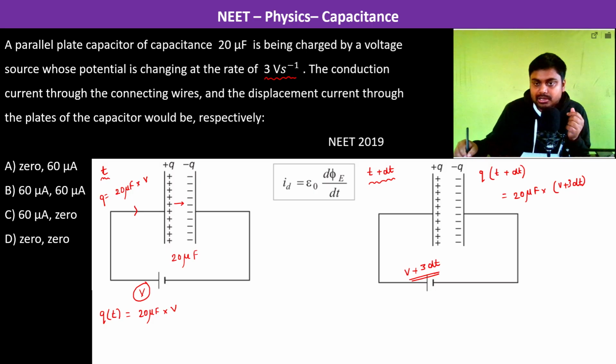Now this is the charge which is present now, the new charge. So how much charge has flown?